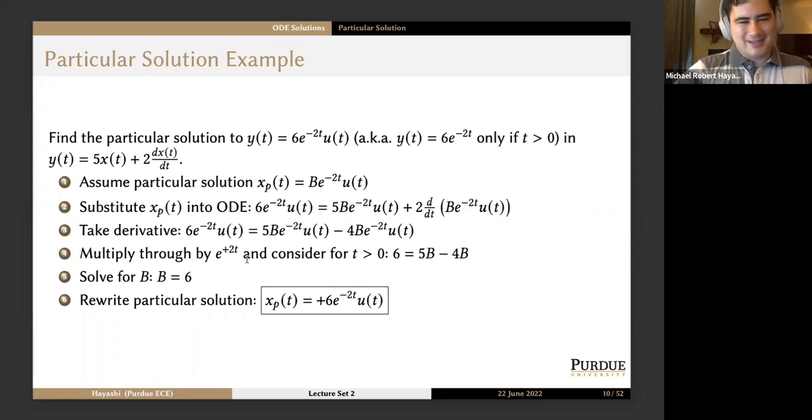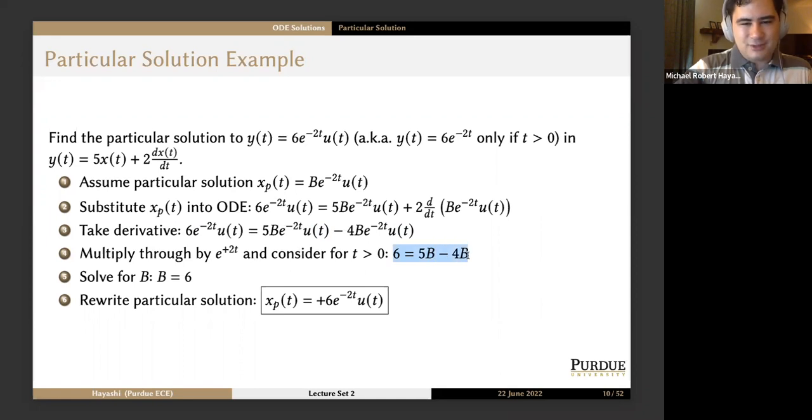And this is kind of messy. So we'll multiply through by e to the plus 2t and consider t greater than 0. T greater than 0 causes all of these u of t's to basically become 1. They go away from our equation. Multiplying through by e to the plus 2t cancels out all these e to the minus 2t factors.